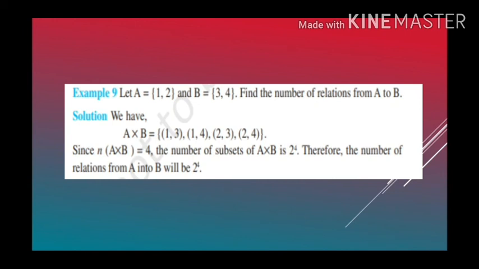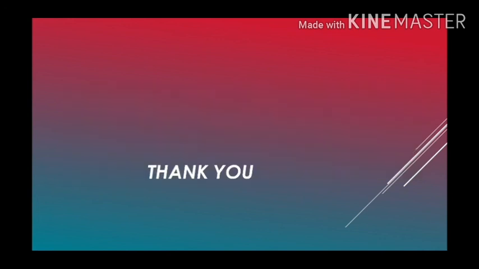So the possible number of relations is 2 to the power 4. In this way you have to solve example number 9. So this is all for today. Thank you.